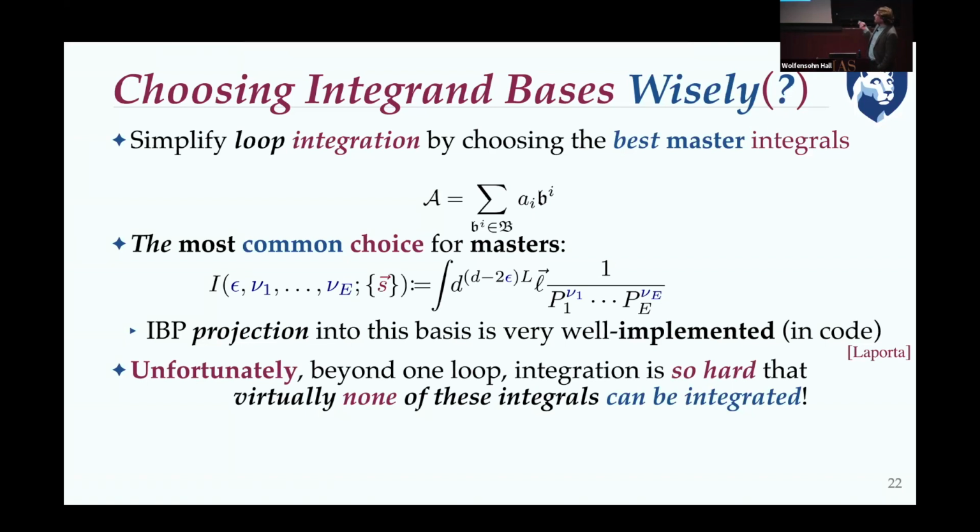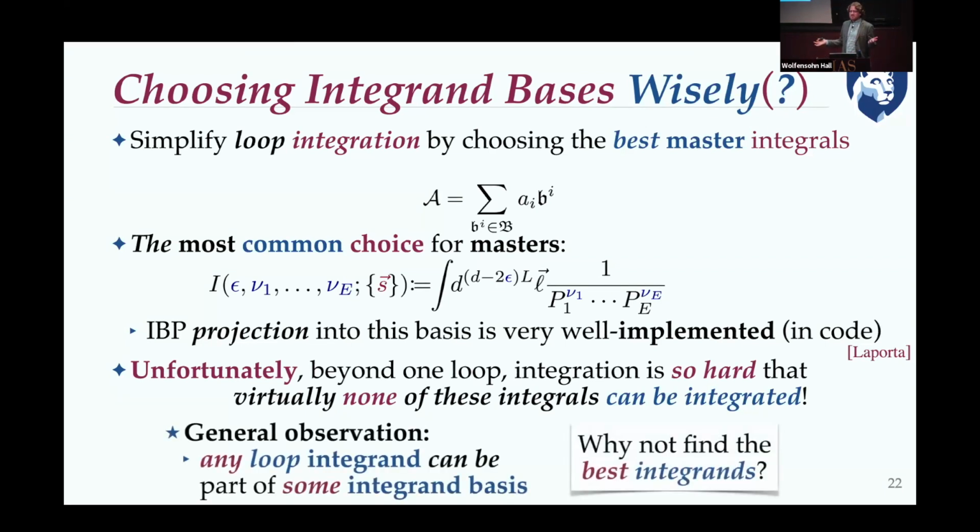So, in fact, it is definitely true, everyone would agree, that these integrals are so terrible that none of them can be integrated. So who cares that you can expand into this basis if you can't do a single one of those integrals? But let's just step back. One of the moral lessons of generalized unitarity is that you can pick your basis.